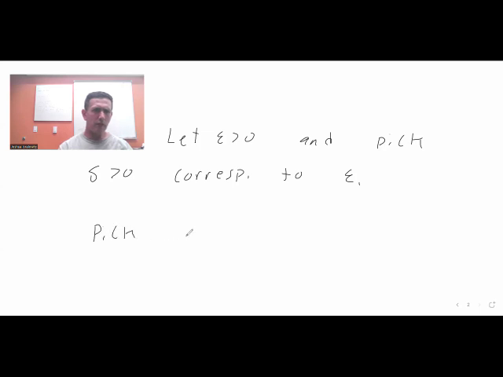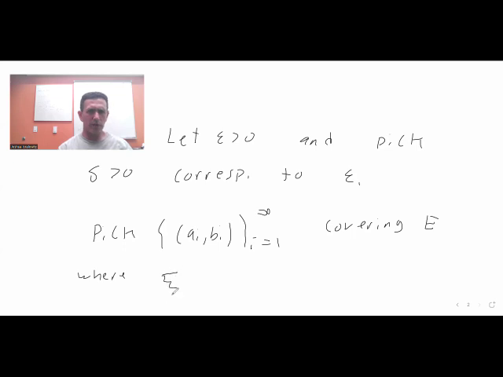So use the definition of measure zero, pick a cover of E where this sum is less than delta. The annoying thing is we don't know that these are disjoint, and we don't know that they're subsets of 0 to 1, and in general, neither of those is true, unfortunately.